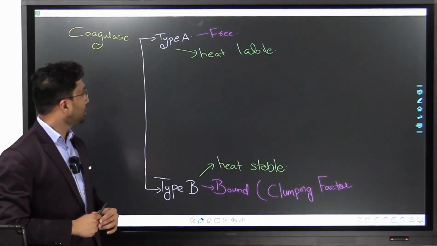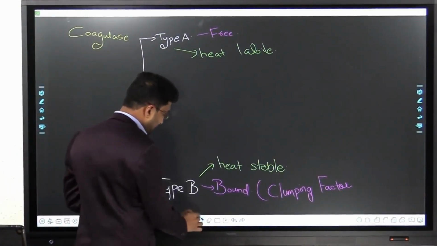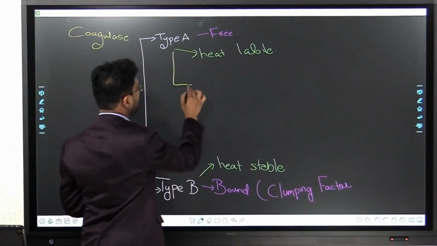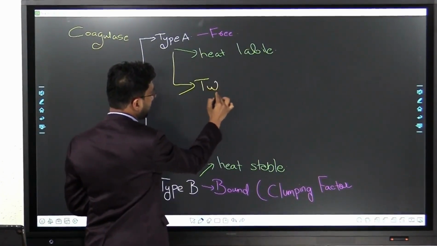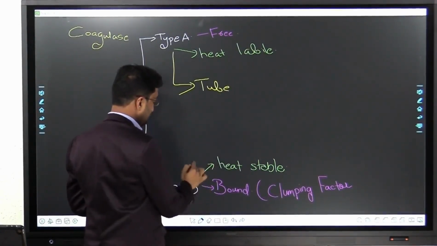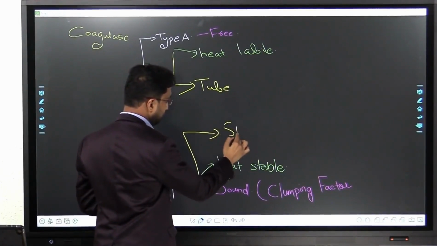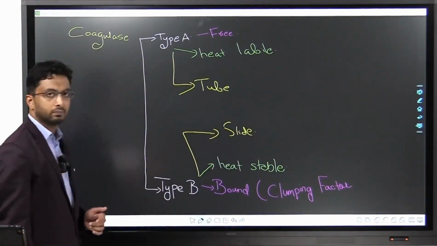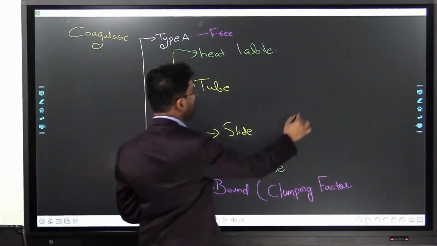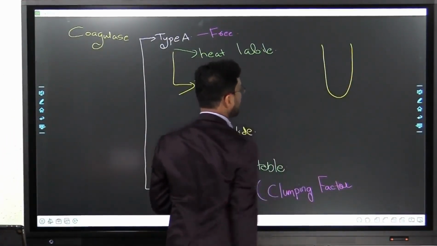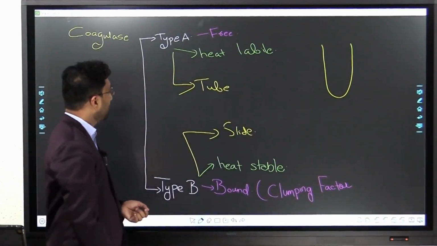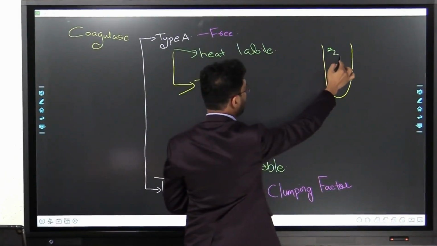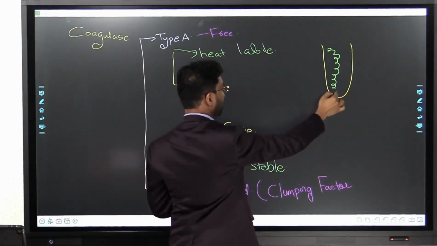The next thing you have to know is that type A forms the basis for the tube coagulase test, and type B forms the basis for the slide coagulase test. So you have a test tube where free coagulase is floating from top to bottom.